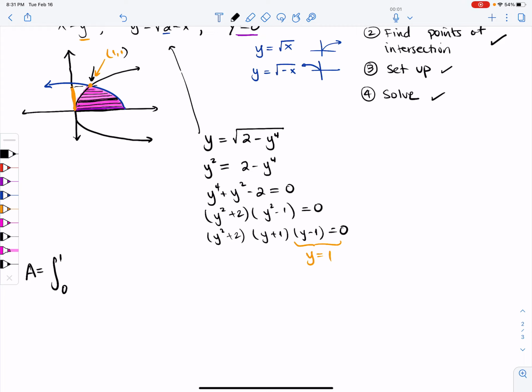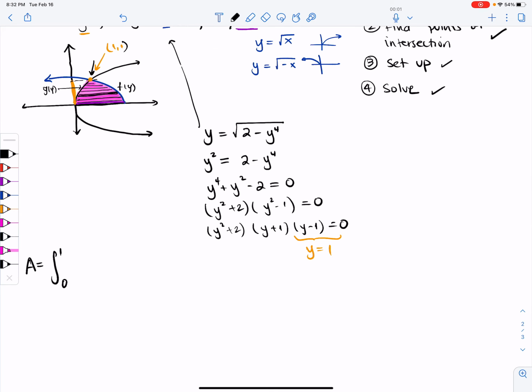So the area is equal to the integral from 0 to 1 of f of y, because we're integrating with respect to y, minus g of y.